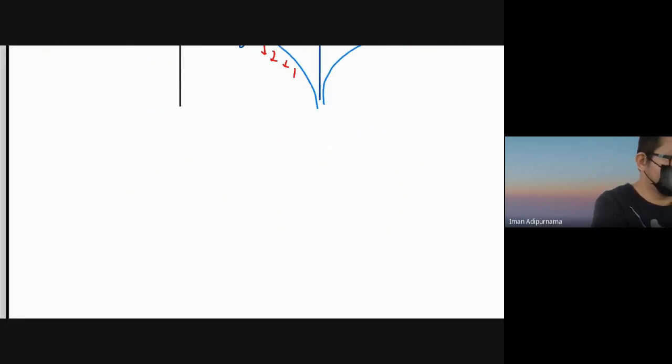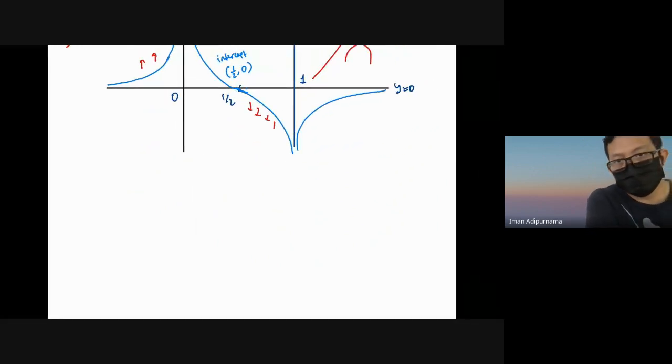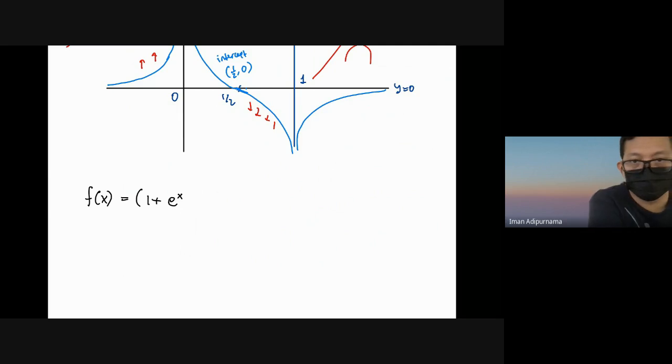Now I'll give you another example. Okay, let's say that you have the function 1 plus e to the x. Try this one. Try to sketch the curve.